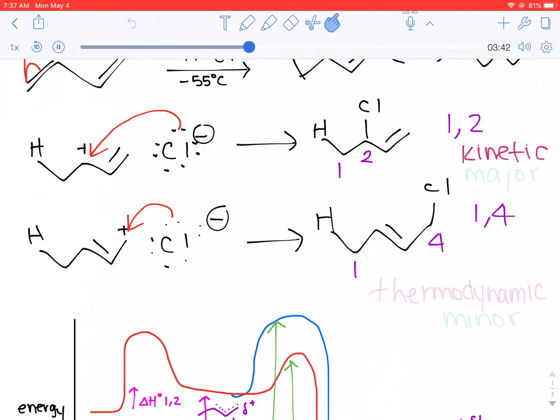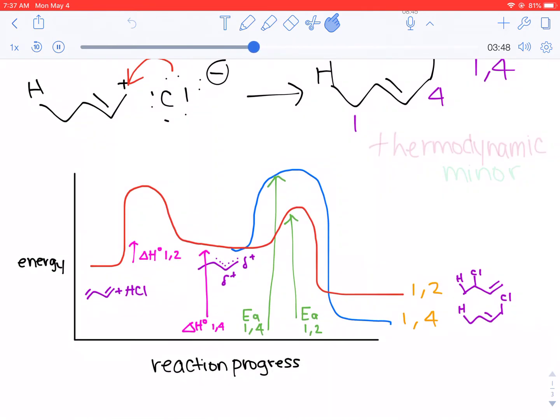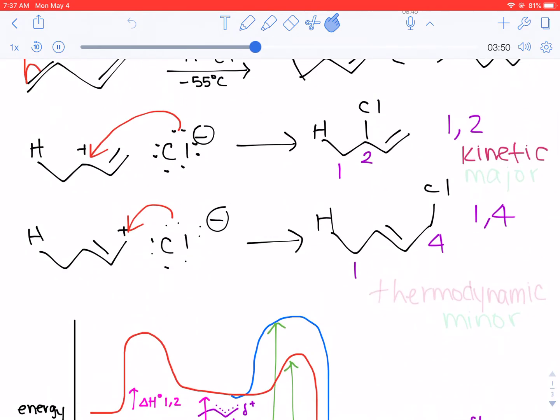Now, to figure out the thermodynamic product, we look at which product is more stable. And in this case, it's the 1,4 product because the pi bond is di-substituted in the 1,4 product, while the pi bond is mono-substituted in the 1,2 product. So we can say that the 1,4 product is the thermodynamic product.